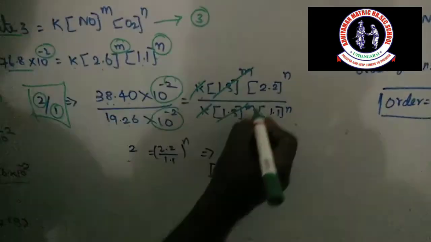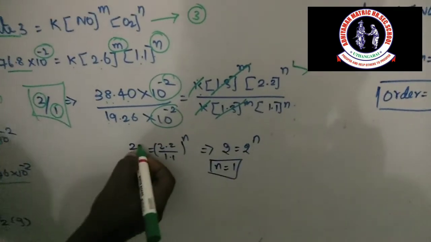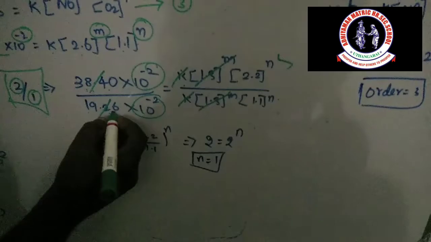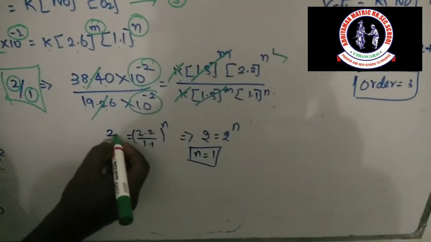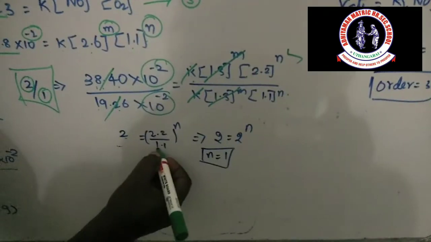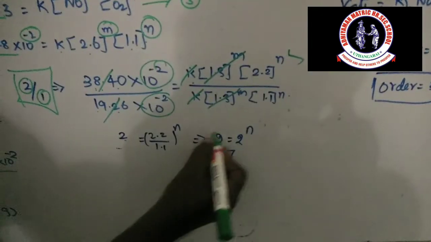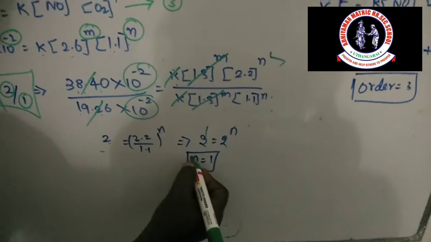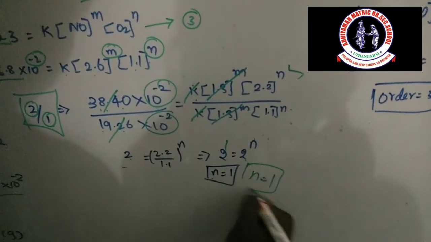And we have 2.2 power N and 1.1 power N. 38.40 divided by 19.26 is 2. So 2 is equal to 2.2 power N divided by 1.1 power N. So now 2 power 1 equals 2 power N. So finally we get N is equal to 1.